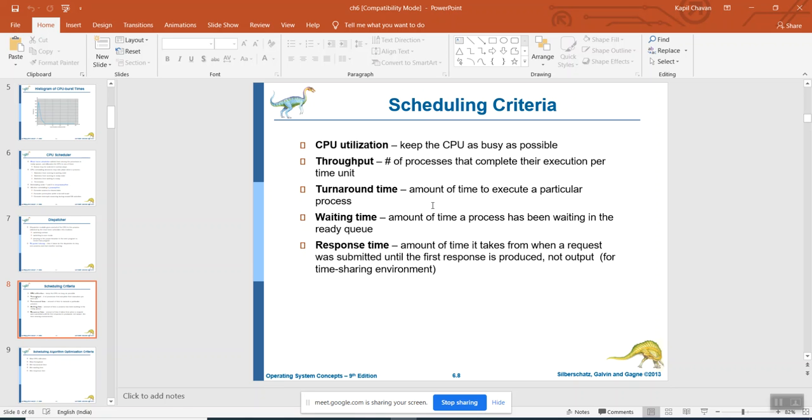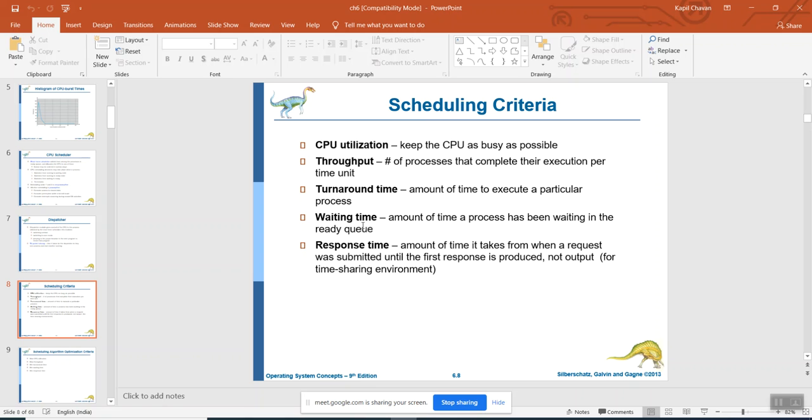For example, if your process is admitted at 3:35 p.m. and completed at 3:40 p.m., then this 5 minutes is called the turnaround time. This is a simple example for turnaround time.